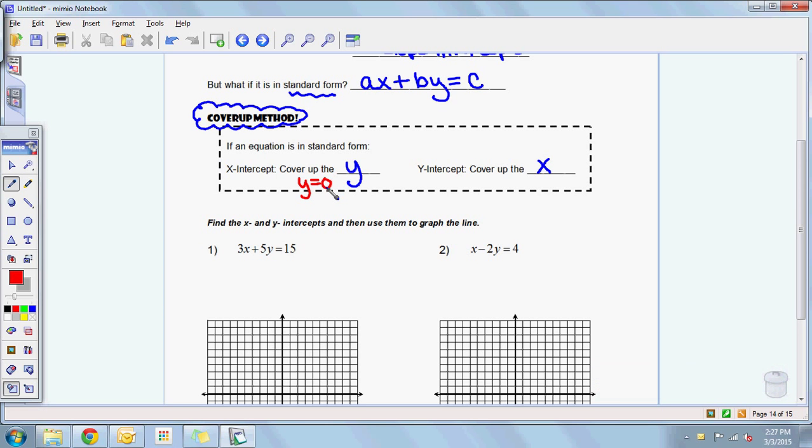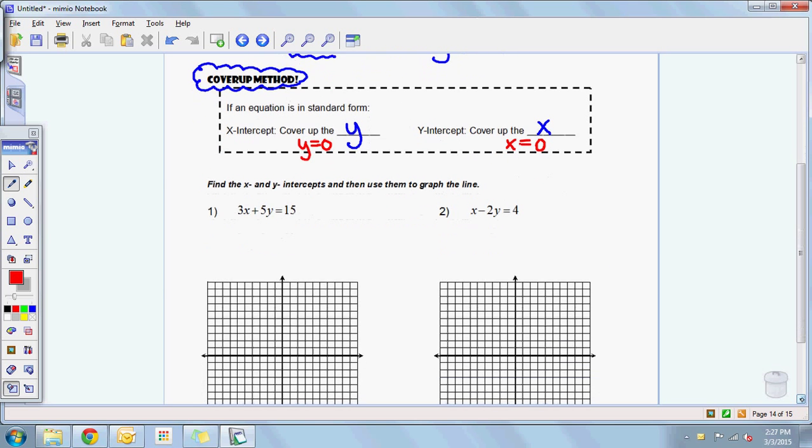So anything times 0 is 0. That's why we can cover up the y value. Same thing for the y-intercept, that's where the x is equal to 0. So we can cover up the x because anything times 0 is going to equal 0. So that's why this cover-up method works.